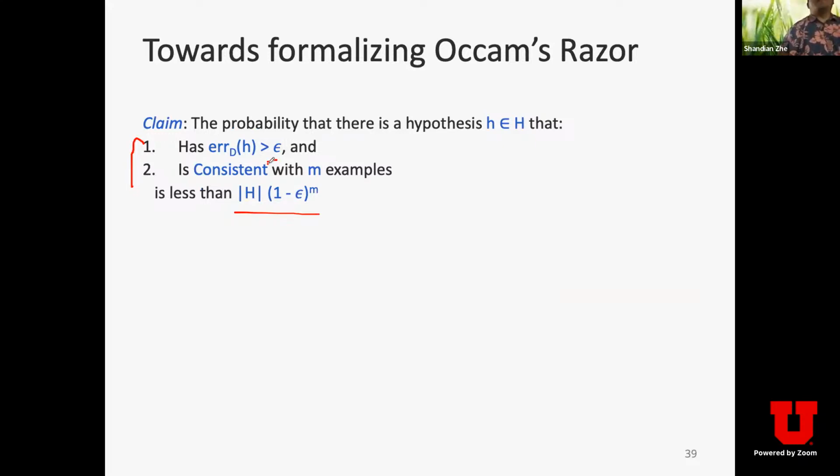And this probability is less than the size of H times 1 minus epsilon to the power of n. This will give you some upper bound of this bad event to happen. Does it make sense?